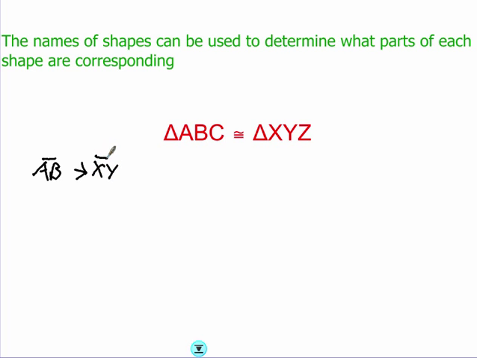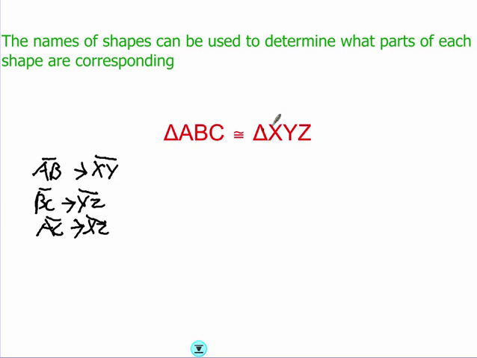I can tell that just from the name. A and B are next to each other, so X and Y are together. Similarly, BC corresponds to YZ, and AC corresponds to XZ.